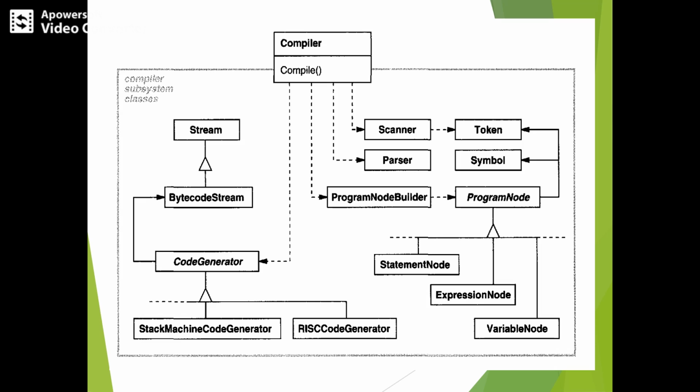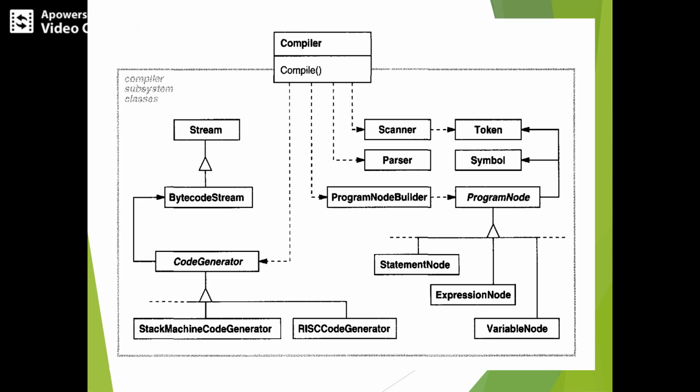So that is the use of our facade design. The compiler class acts as a facade. What we said is that it offers the client a single, simple interface to the compiler subsystem. We can call this the entire compiler subsystem classes.